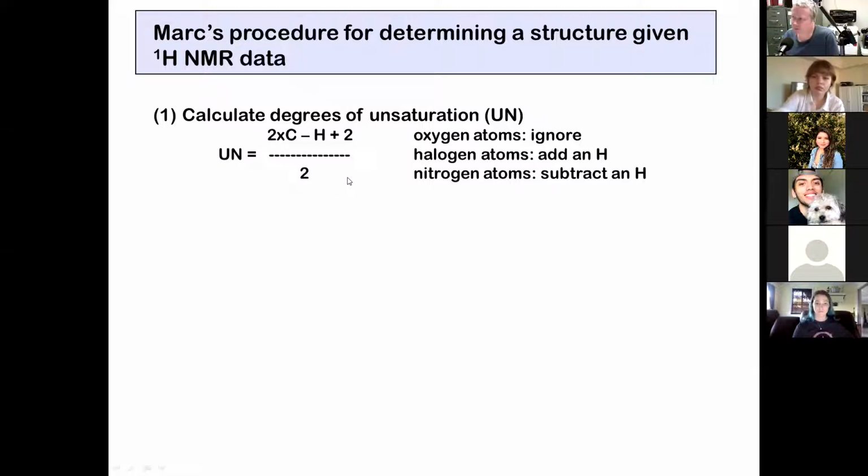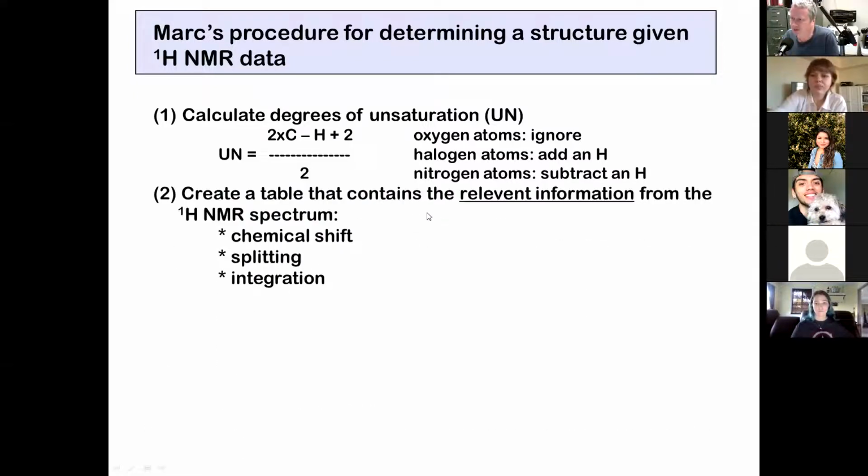If you have oxygens, you ignore them. If you have halogens, you add an H to the molecular formula. If you have a nitrogen, you subtract an H. We'll practice it, but if you're having trouble with this, you need to ask at office hours or something. Okay, so that's the first thing: we calculate degrees of unsaturation.